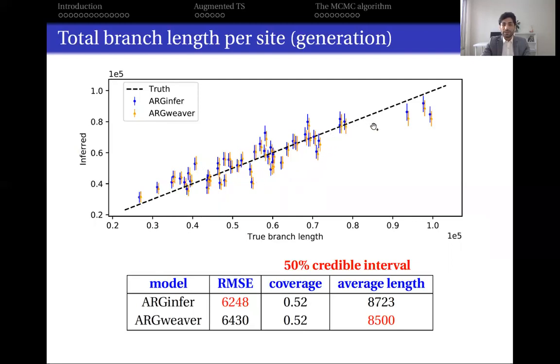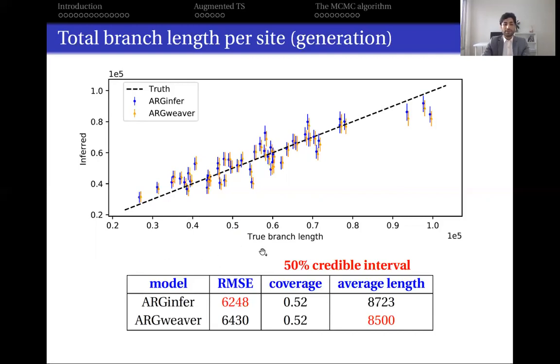But if we take a closer look, we might see that ARGweaver actually tends to have lower branch length than ARGinfer. We see that for these couple here, and some of them here, but it's not for all. For this tail here, we see that ARGweaver is slightly higher.